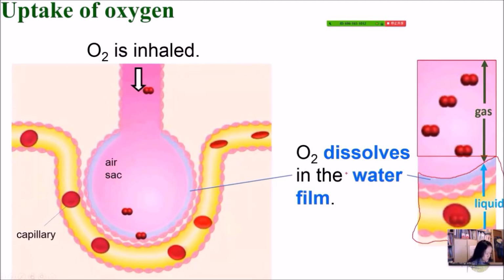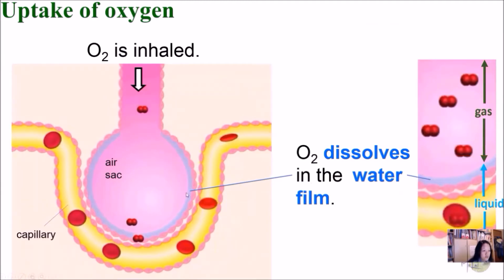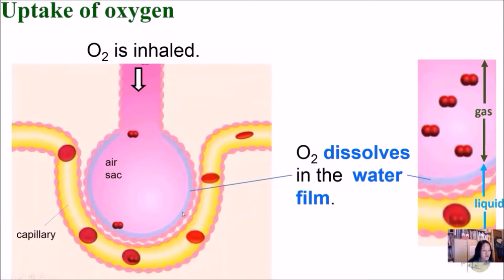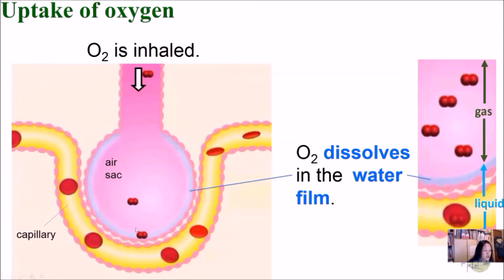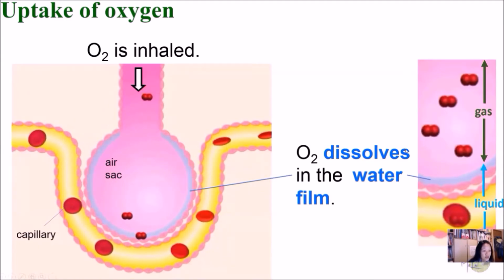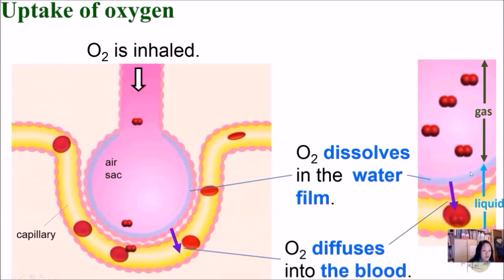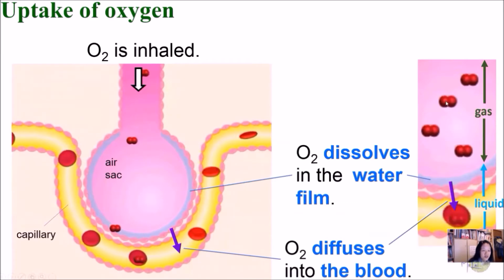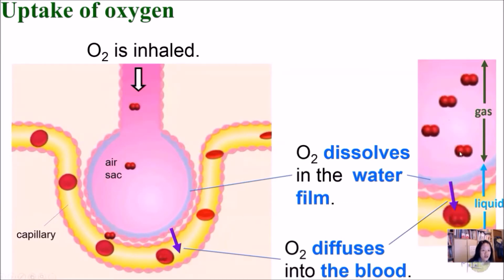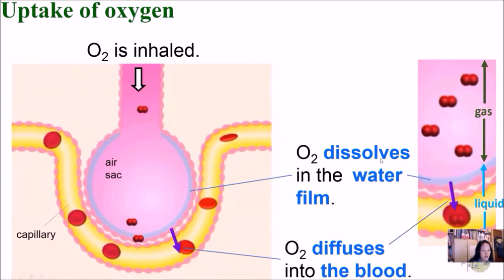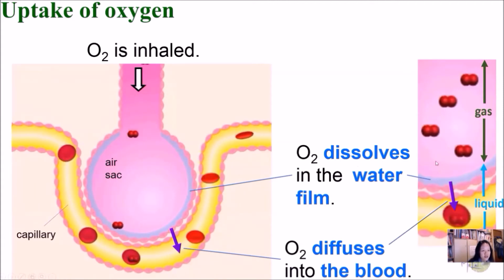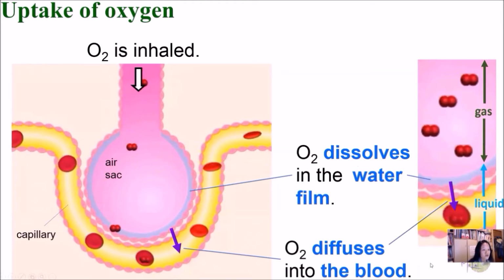So we have to get the oxygen dissolved in water first. There is a film of water on the inner wall of the air sac. Next, the oxygen will diffuse from high concentration region to low concentration region down into the liquid. So it is composed of two parts, dissolve and diffuse.